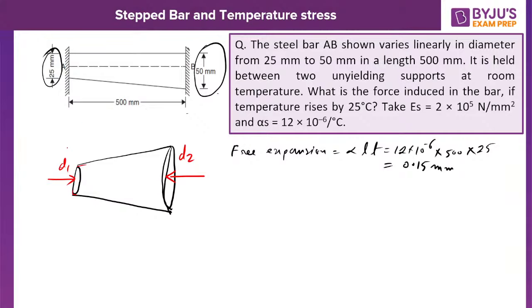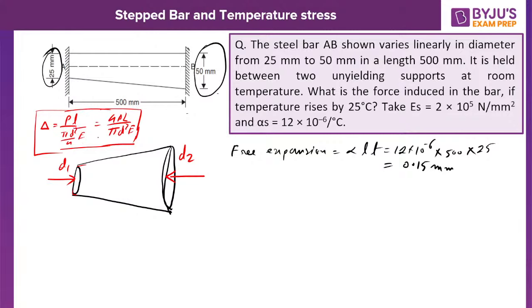For this bar, the deformation will not be the same as what you have done before. When the cross-sectional area was not varying, the deformation was simply PL by AE. If you take the circular one, A is nothing but pi D square by 4, so it will become 4PL by pi D square E. I'll tell you how to remember that. The normal one you have already remembered: for the constant cross-sectional area, you have PL by AE.